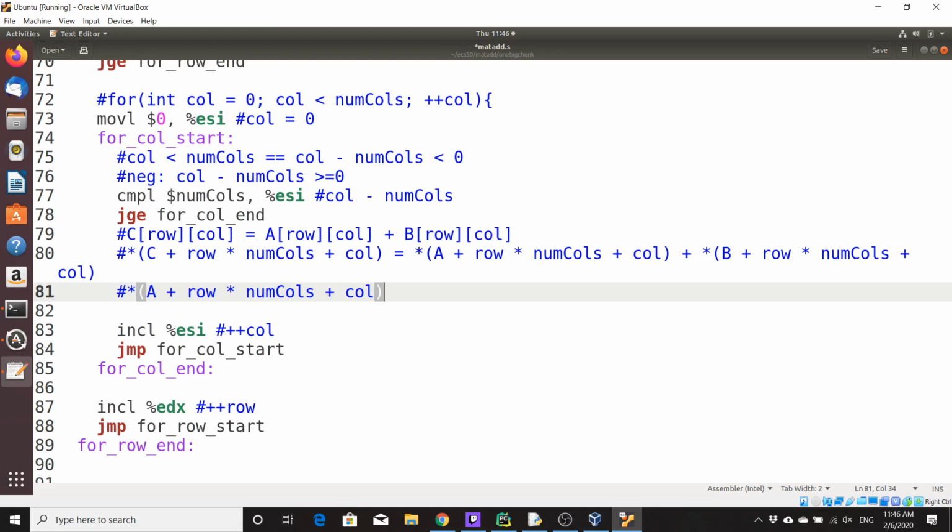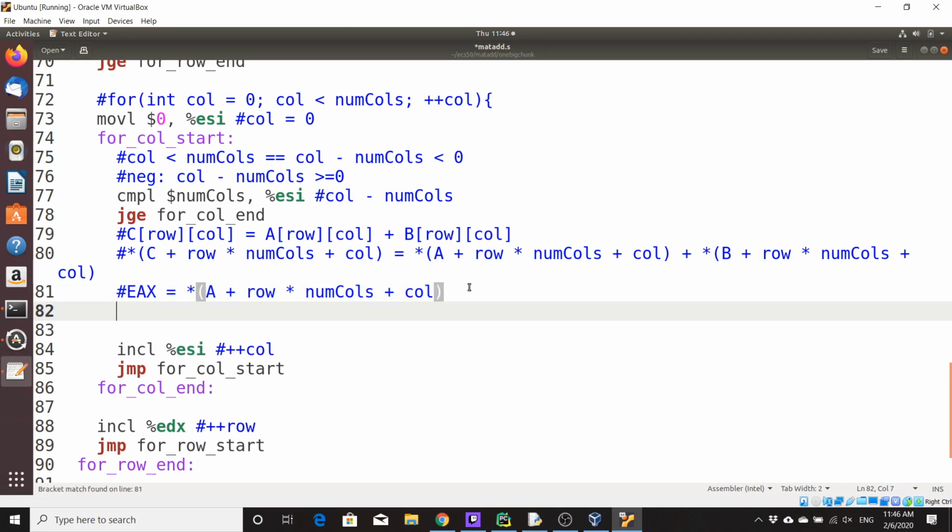Where do you want to put this value? We're currently not using EAX or EDI. Sure, so let's make sure that this thing ends up in EAX. Okay. What should I write?